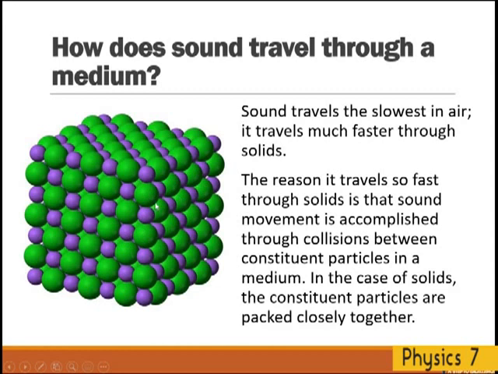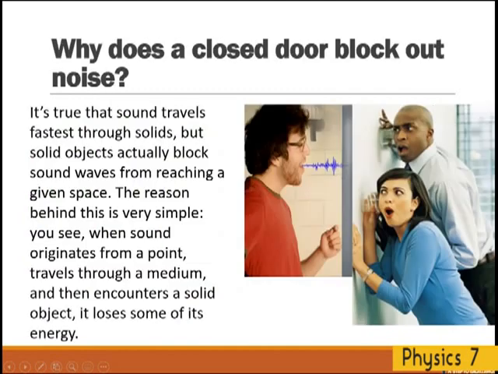Whereas in a gas, the particles are not arranged in this manner. They're arranged so that they're further apart from one another. As a result, the vibrations of an air particle will not be readily transmitted to another air particle in the same way that they would be in, say, a solid.